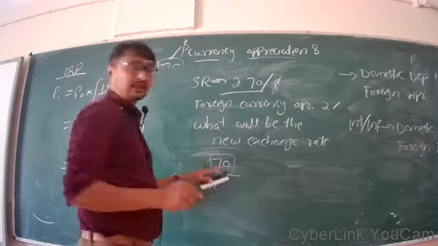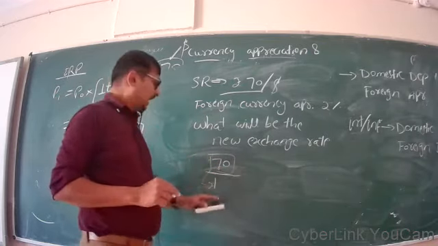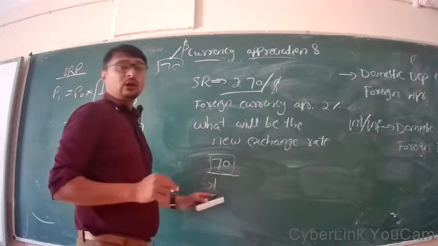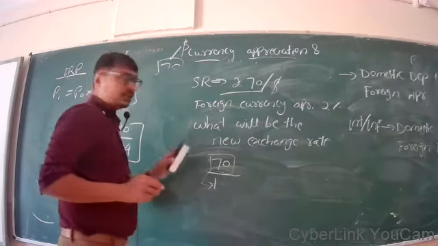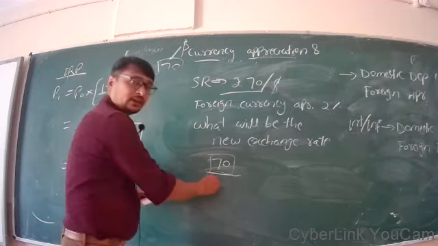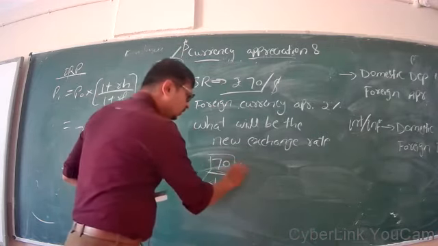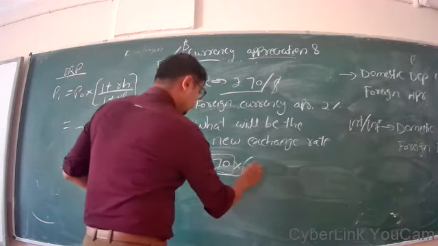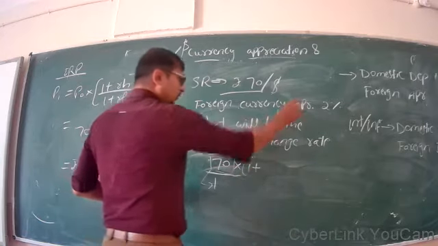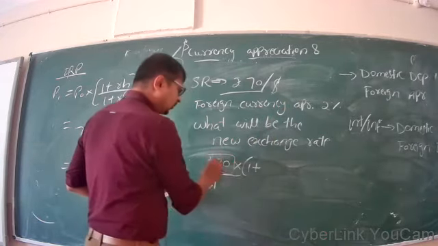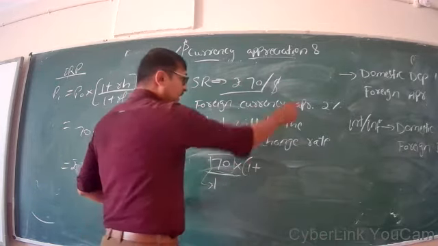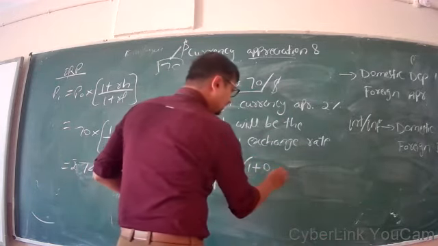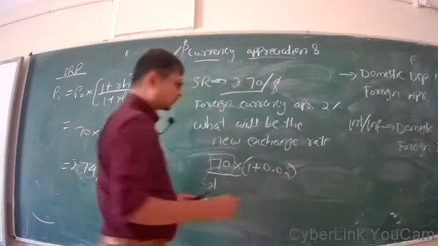That means the domestic currency got depreciated and the US currency, the dollar, got appreciated. Earlier you paid only 70 to buy 1 unit of dollar. Now you have to pay 2% more, that is 0.02.